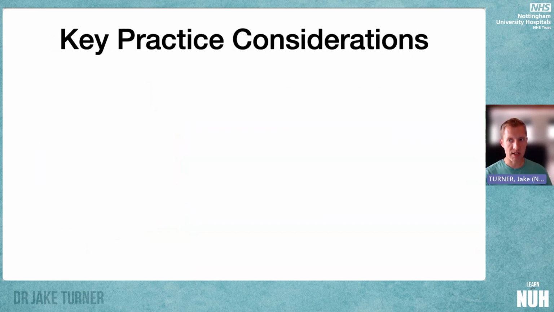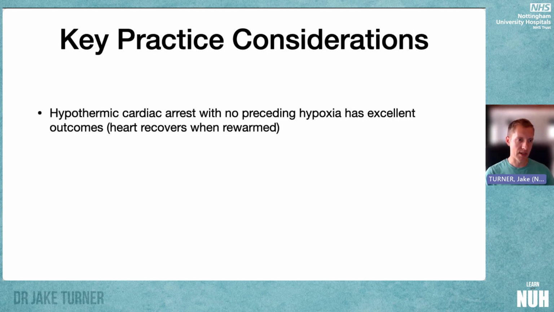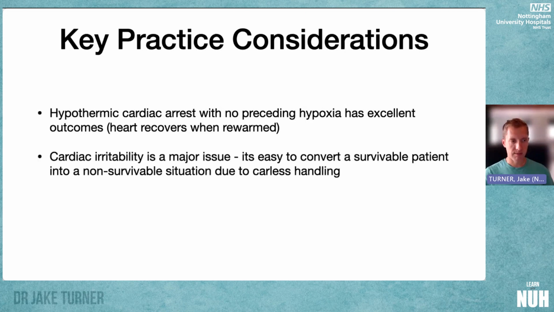Okay, so just a few key practice considerations before we move on to the ALS and ECMO stuff. A hypothermic cardiac arrest with no preceding hypoxia has excellent outcomes, and hopefully I've explained why that is in the last slide. Cardiac irritability is a major problem.